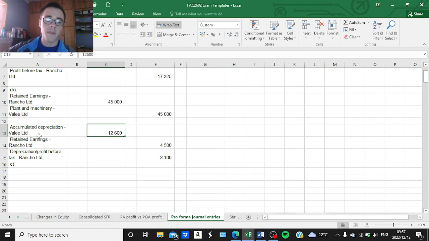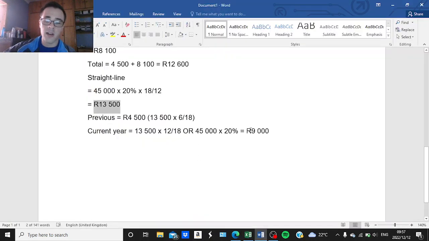Okay. The amount credited to retained earnings of Rancho Limited would still be 4,500. Okay, the unrealized depreciation in respect of the previous period. But the amount that would be credited to depreciation or the profit before tax is 9,000 Rand if we used the straight line method.